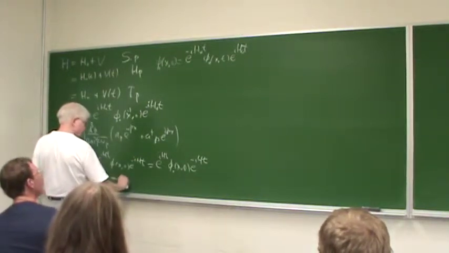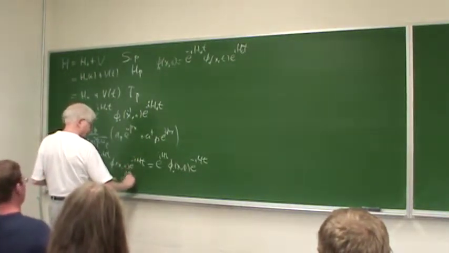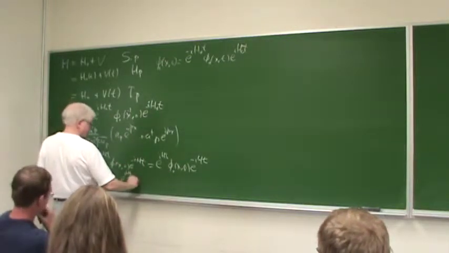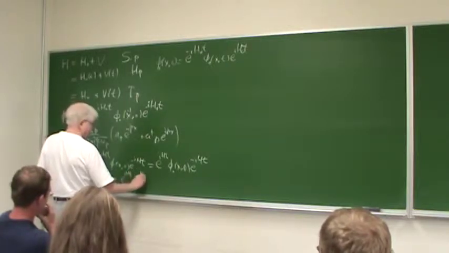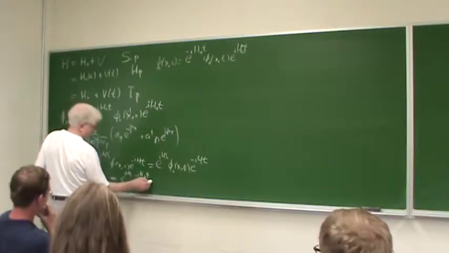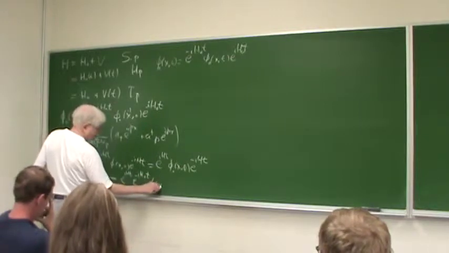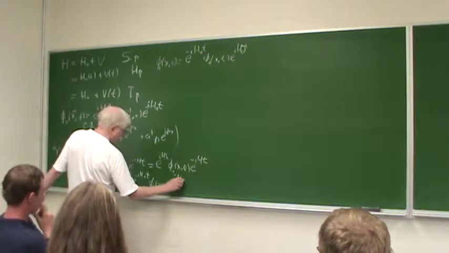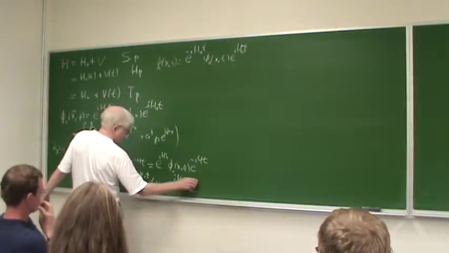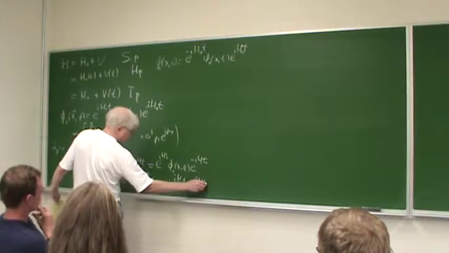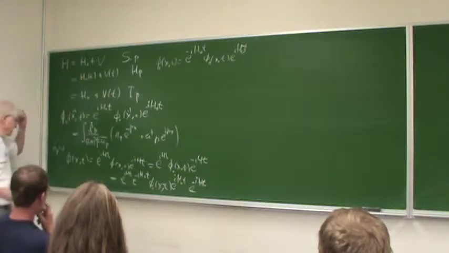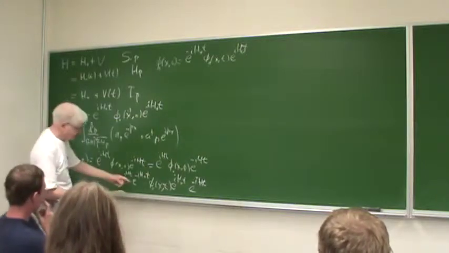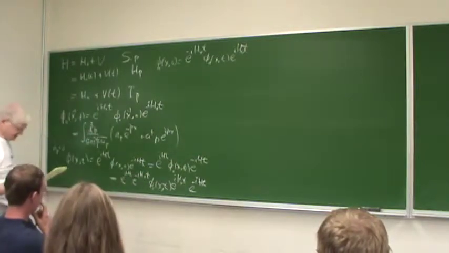And then what we have is e to the i H t, and phi 0 at 0 we're writing as e to the minus i H0 t, then phi 0 of x and t, and then e to the i H0 t, e to the minus i H t. Okay. So that gives us the Heisenberg field at time t in terms of the free field at time t.